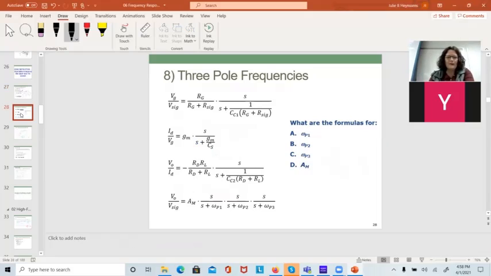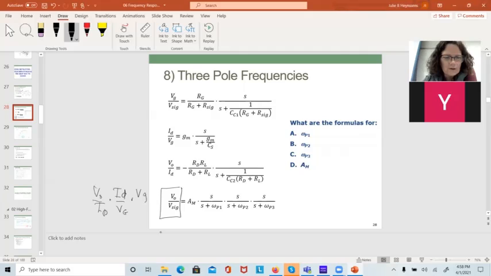So I go through and I do this analysis and I come up with, oh yeah, okay, if we look at the total gain curve, V out over V sig, I could get that by taking V out over ID and multiplying that by ID over VG and multiplying that by VG over V sig.